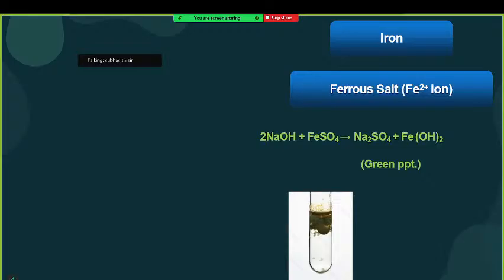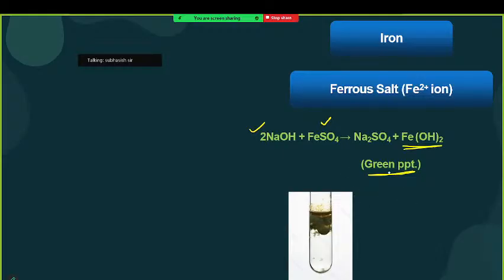Now move on to the next one, the ferrous sulfate or the ferrous ion. If a sample contains ferrous ion, then you add a few drops of sodium hydroxide and you get a dirty green precipitate, ferrous hydroxide. This is a unique color, only obtained in the case of ferrous salts.